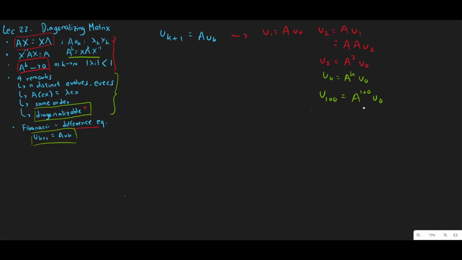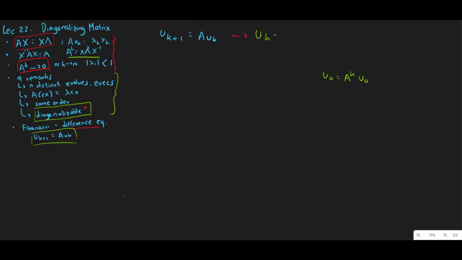Okay, now let's go further. What is the solution of u100, and how do we utilize the eigenvalues and eigenvectors that we have been learning so far to get to the solution? Let me write that down here.